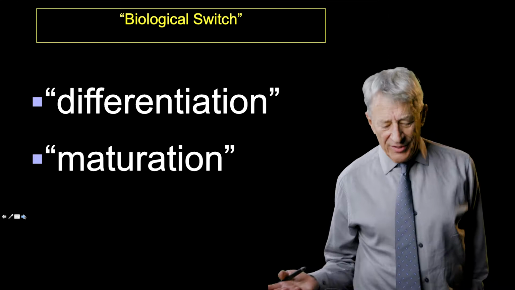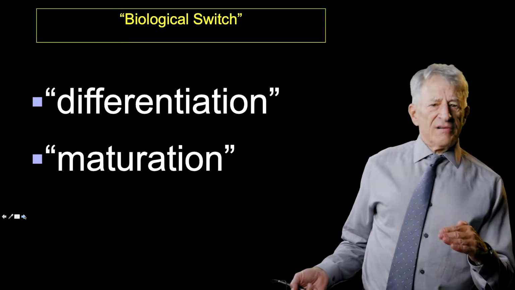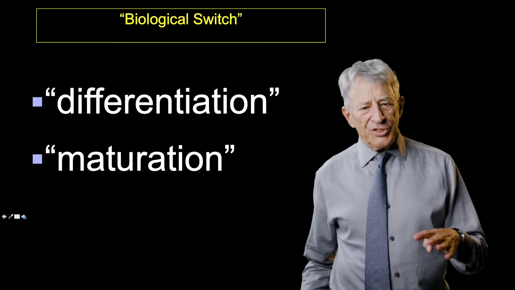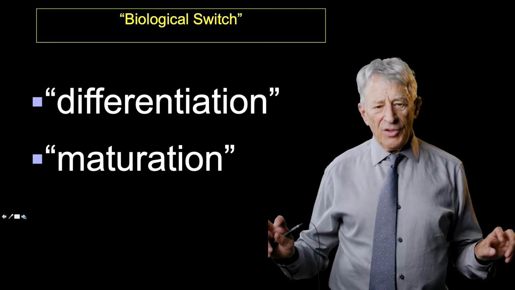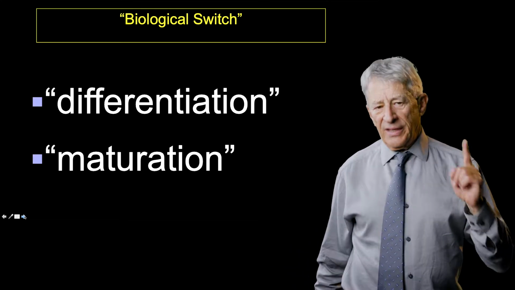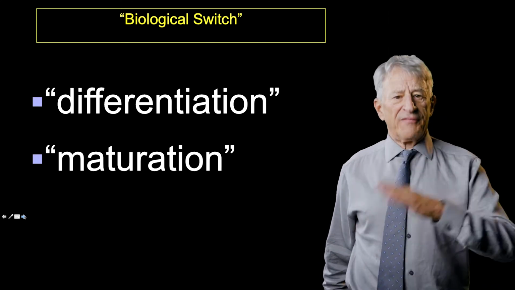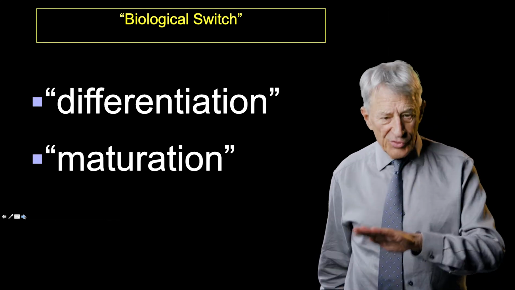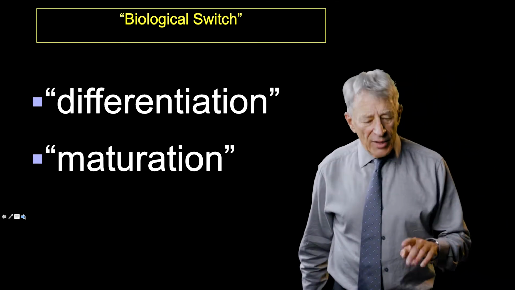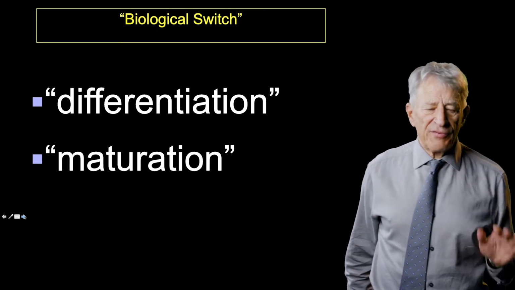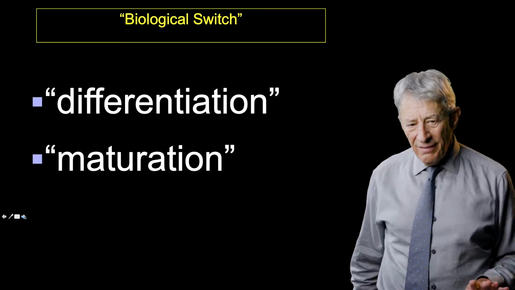In particular, every time in biology we see a concept of a biological switch, we should immediately suspect a bifurcation as producing that switch-like behavior. And I want to talk about two concepts that are used in biology a lot.